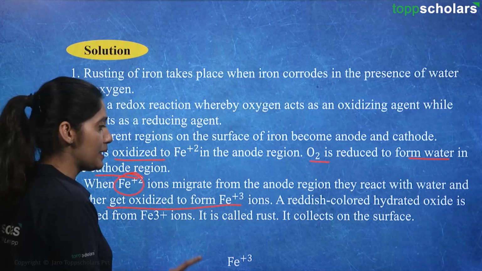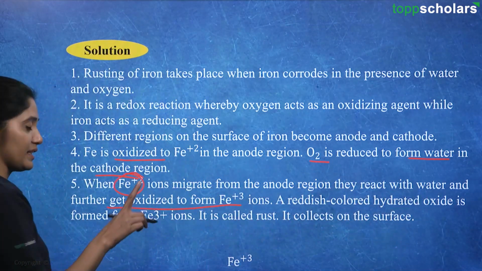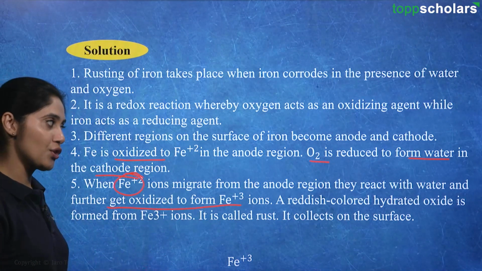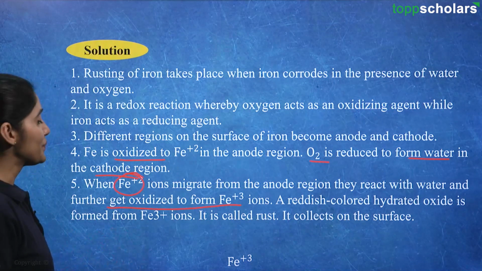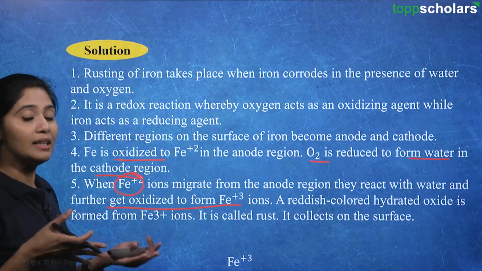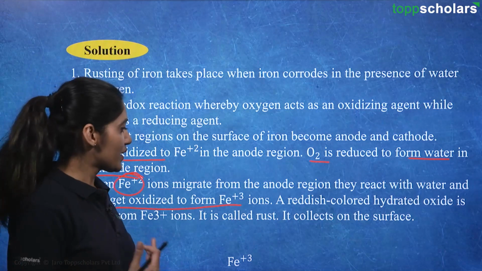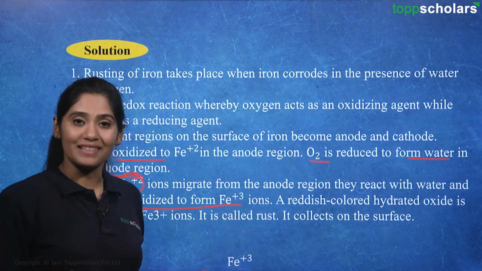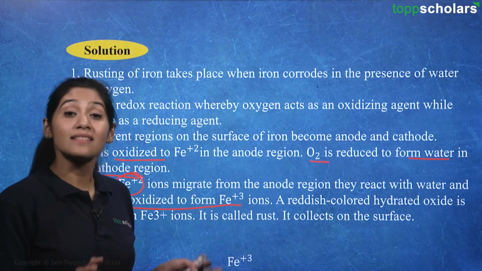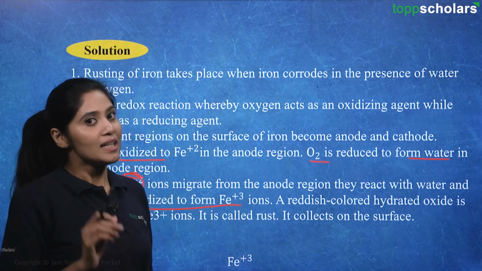This Fe3+ participates in the formation of a reddish colored hydrated oxide. This reddish color is what we see and call rust on the surface of an iron object, right? It gets deposited on the surface, and we say that the object is rusted because of the deposition of this reddish colored hydrated oxide. Is that clear?